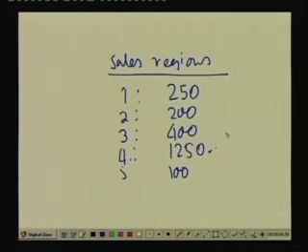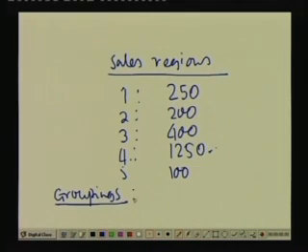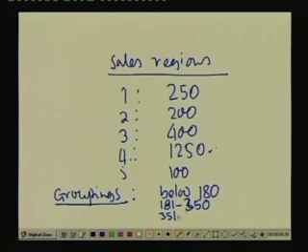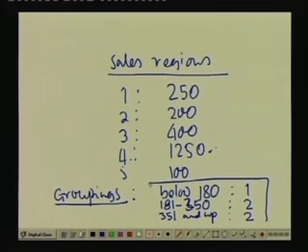But even here we can think of grouping. Suppose our groupings are: below 181, 181 to 352, and 351 and up.